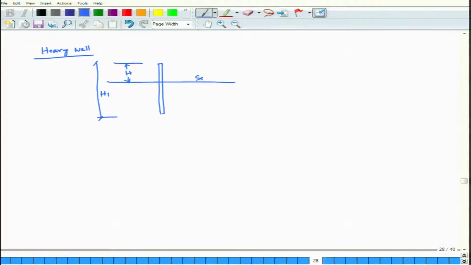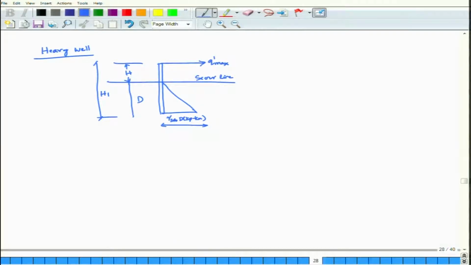This is the cover line, this is my Q maximum prime, this will be your gamma submerged d (Kp minus Ka), and this is your d.